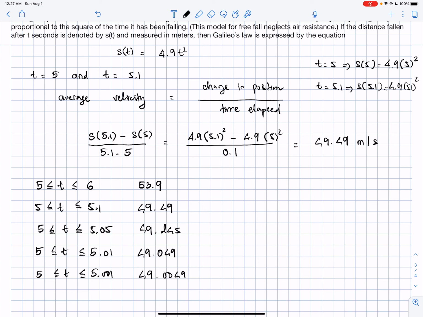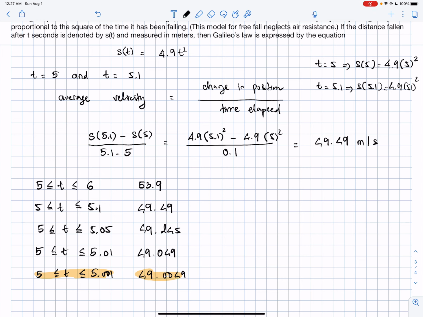From this result, we can see that if we take the time interval that is smaller, that is shorter, then the velocity gets closer to 49.